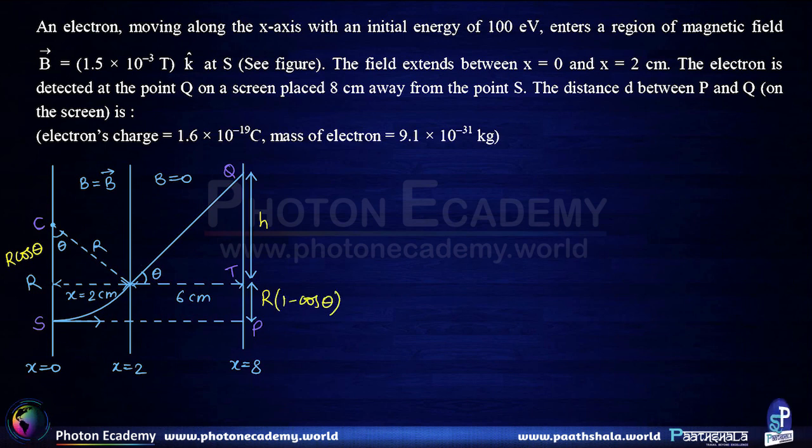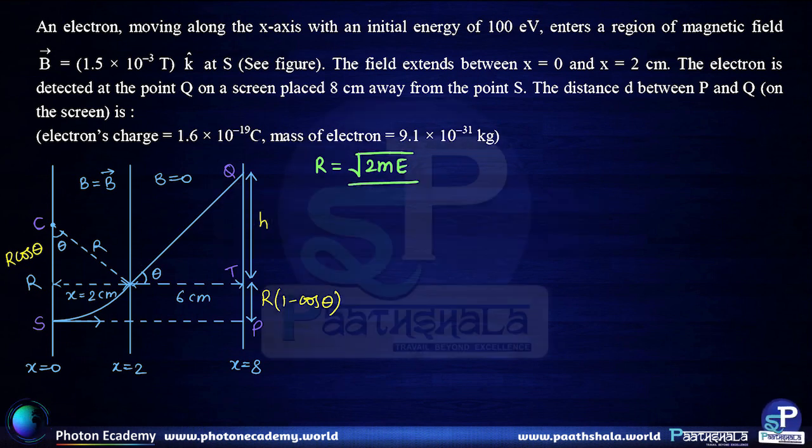We have the formula for radius, which is r equals under root 2mE upon qB.